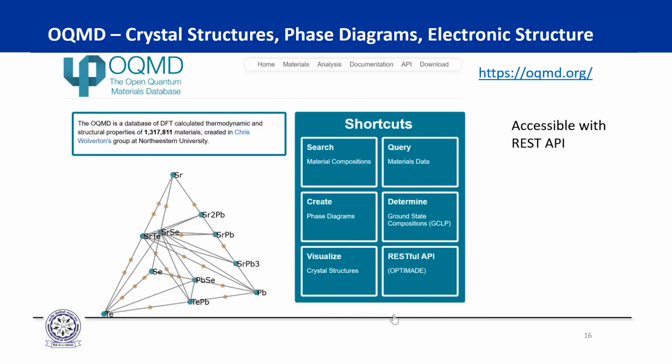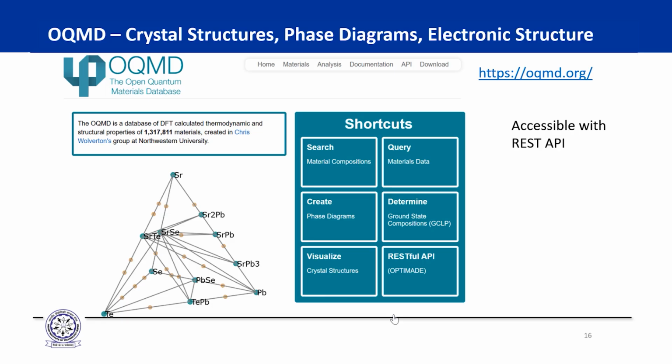Another very interesting database is OQMD. OQMD is maintained by Chris Wolverton's group. This is again another dataset which contains information on crystal structures, phase diagrams, electronic structures, and so on and so forth. There are a large number of quantum materials for which all of these things have been calculated for you. So if you need to access those types of data, this is one database which would be really useful.